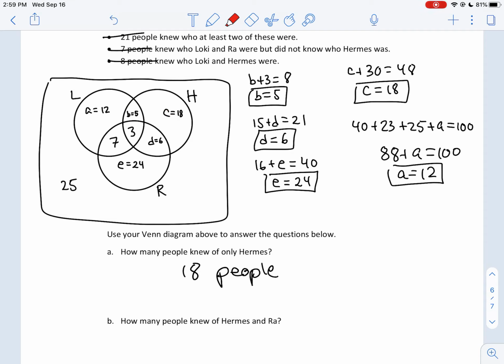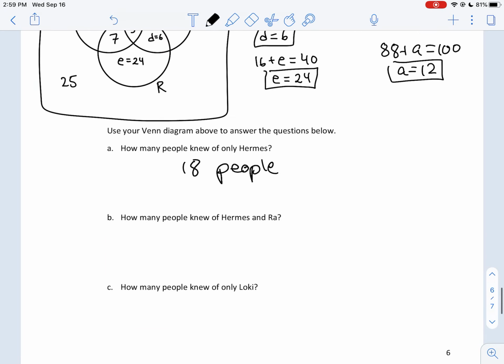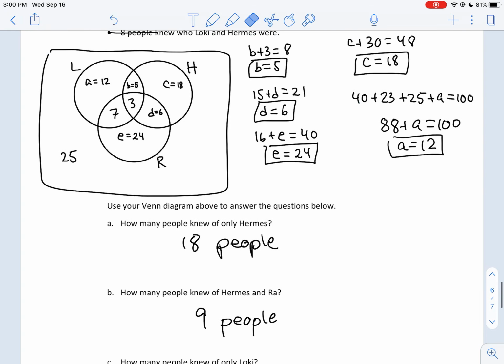How many people knew Hermes and Ra is just the people in their overlap. Ra in overlap with Hermes. So that's 3 plus that 6. So that gives us 9 people. Yeah, these words are important, aren't they? If that said or, it'd be a different approach. But and changes things.